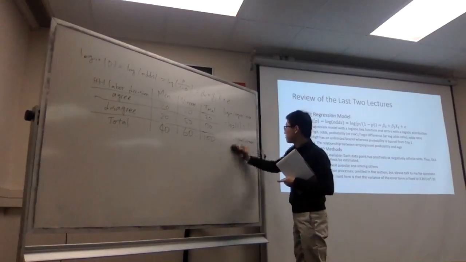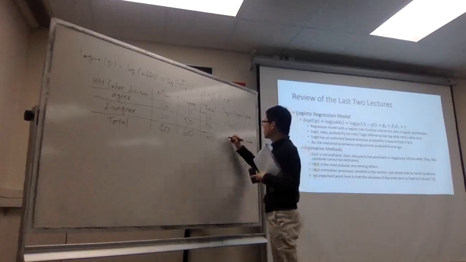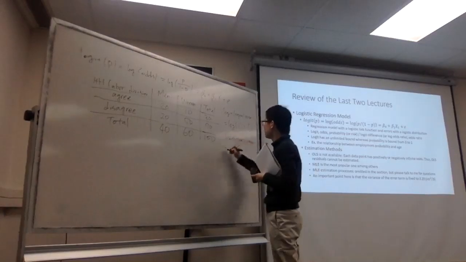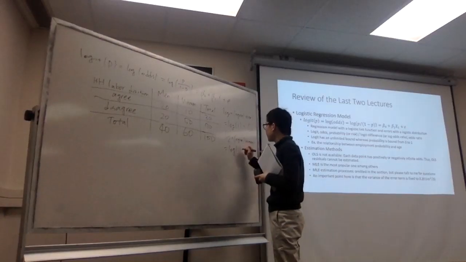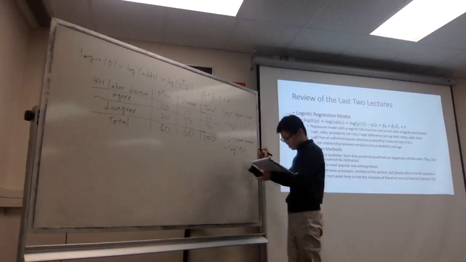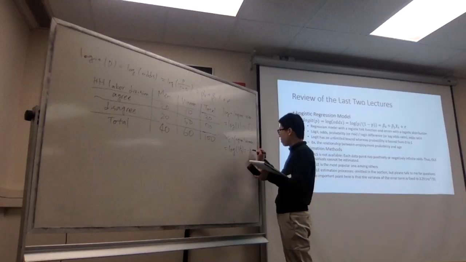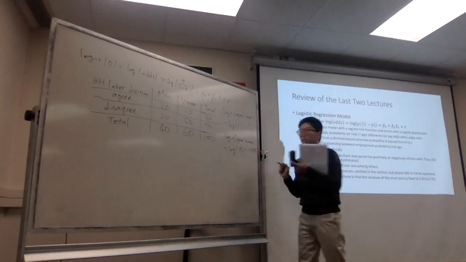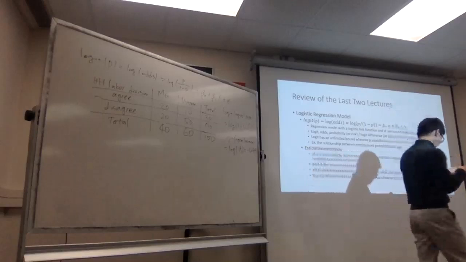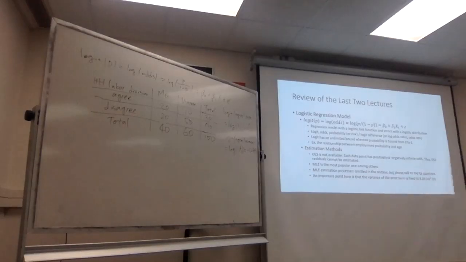And the logit for women is about negative 0.69.